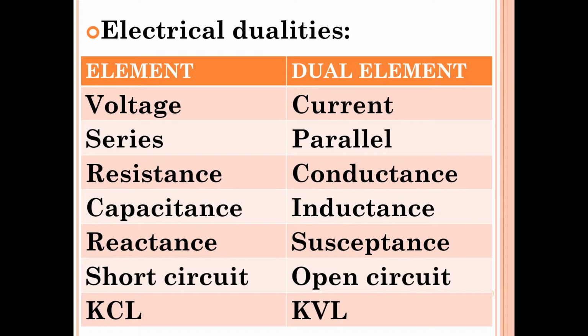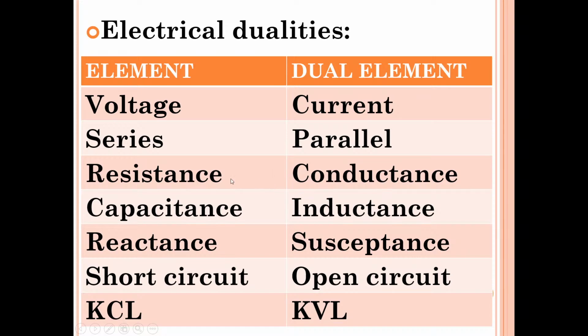So there is a dual relationship between different elements. Dual elements can be formed by interchanging voltage and currents in a given expression. They all have identical behavior. Voltage and current both have identical behavior, that's why they are dual to each other.